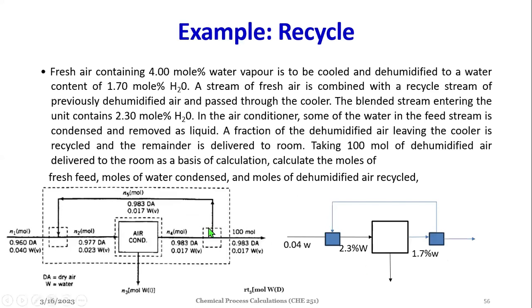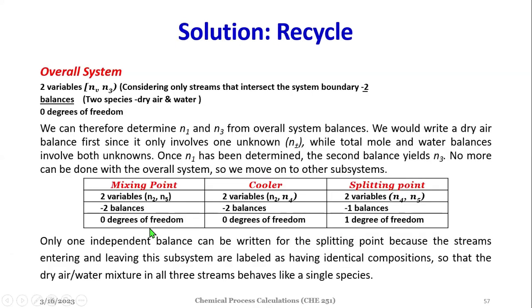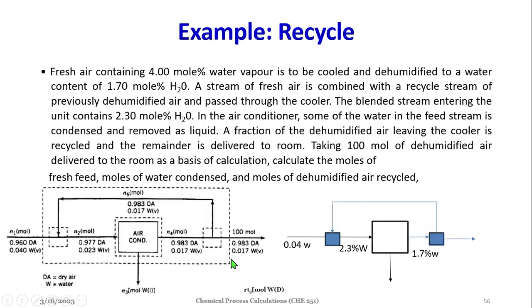Then for the part where we are doing the splitting, we don't know N4 and we don't know N5 as well, right? So the number of variables is two, N4 and N5. But then you realize that if we should try doing a balance, because it's the same composition, we end up getting the same thing.